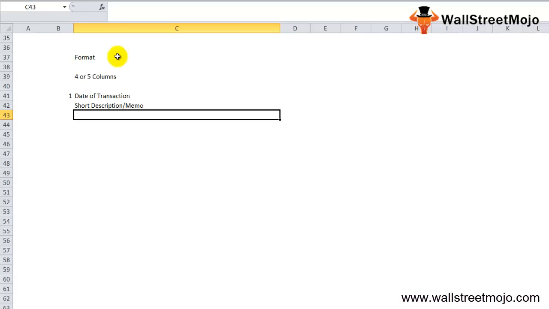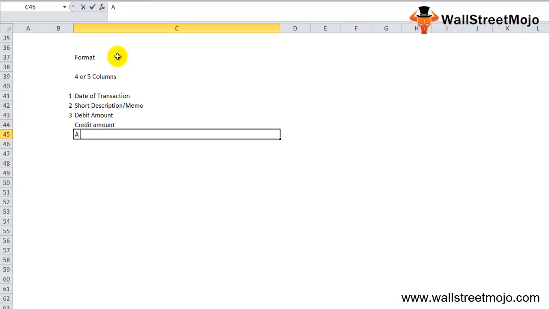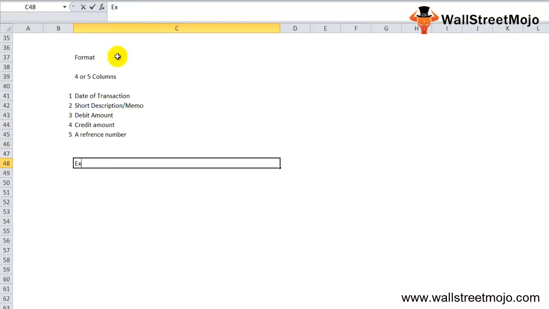It also goes with a memo. Then there is the debit amount, then the credit amount. Lastly, there is a reference number, and the reference to the ledger is a very easy indicator. Remember that.